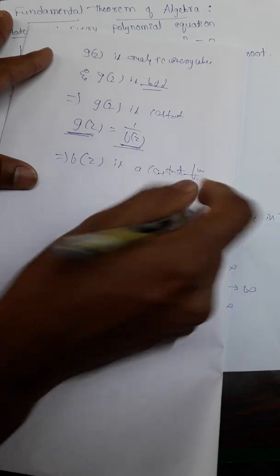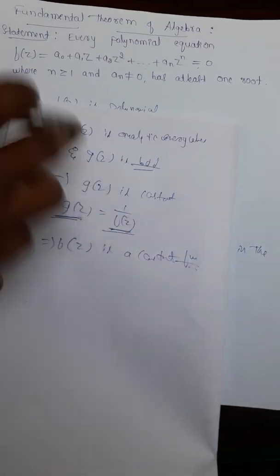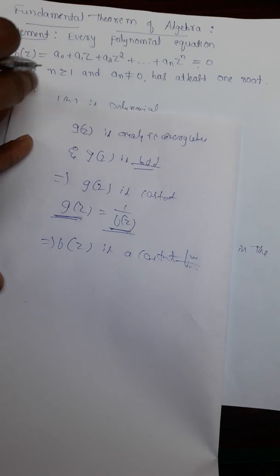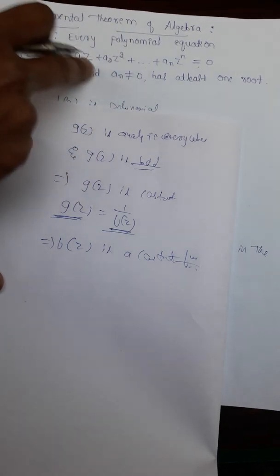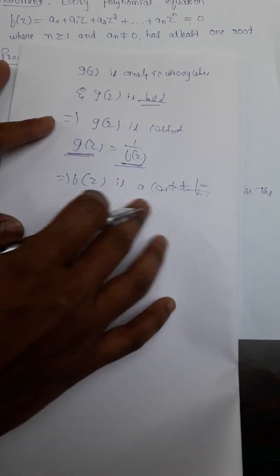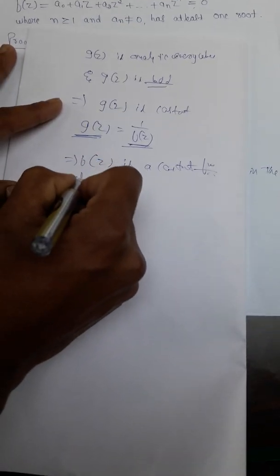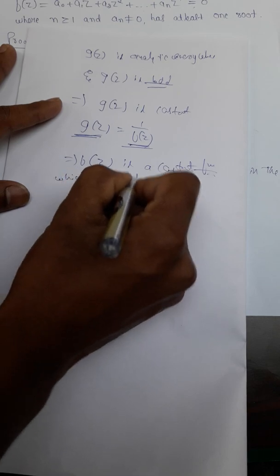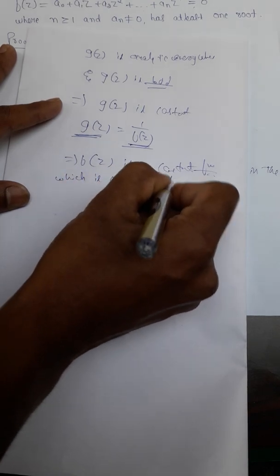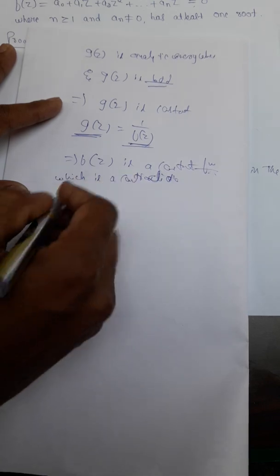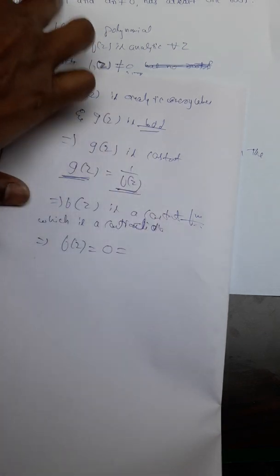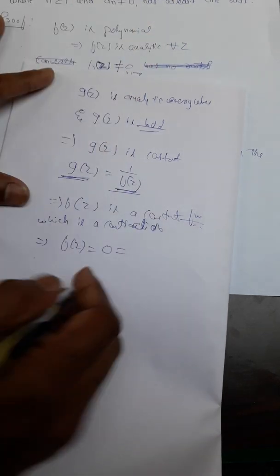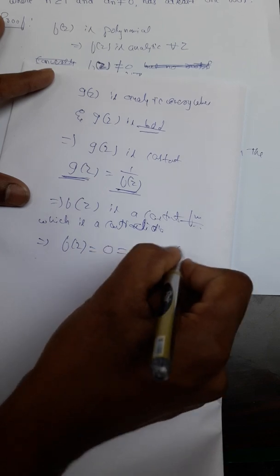This is a contradiction to the given statement that every polynomial equation, since n is greater than or equal to 1 and an is not equal to 0, is not a constant function, but we are getting f(z) as a constant function, which is a contradiction. Which implies that f(z) = a0 + a1 z + ... + an z^n = 0 has at least one root.